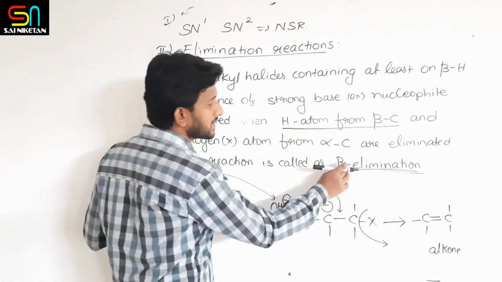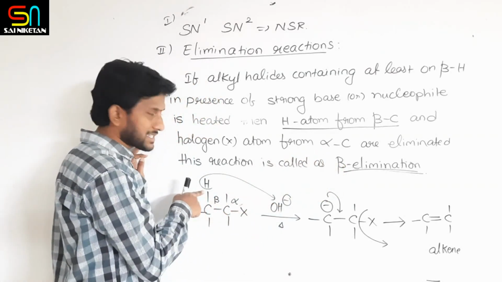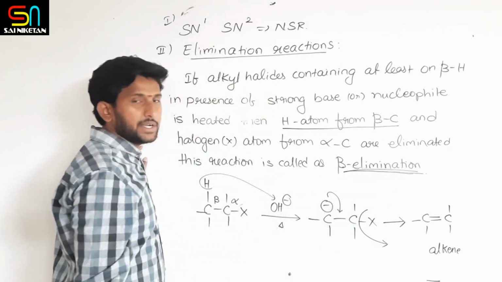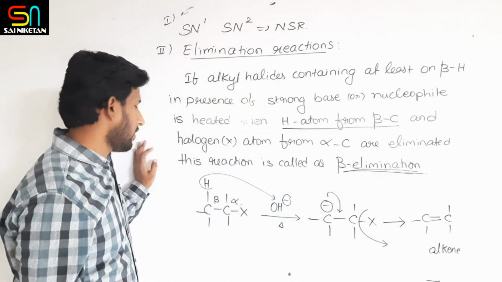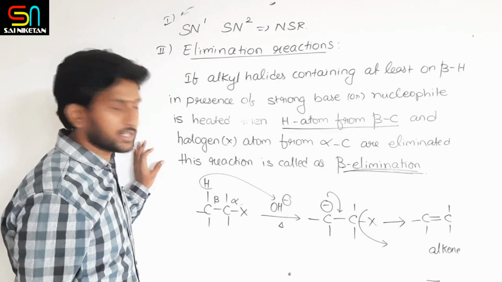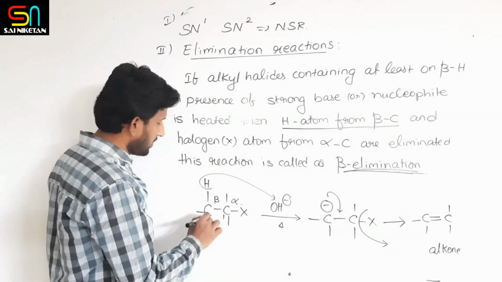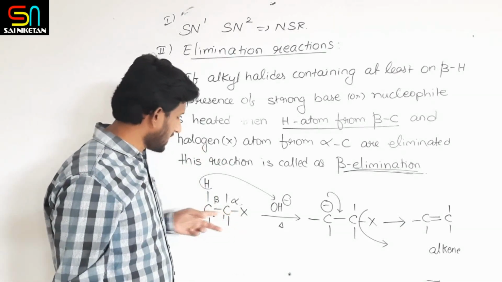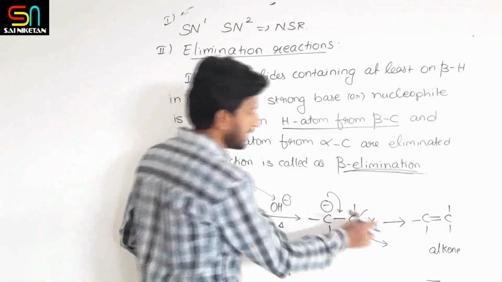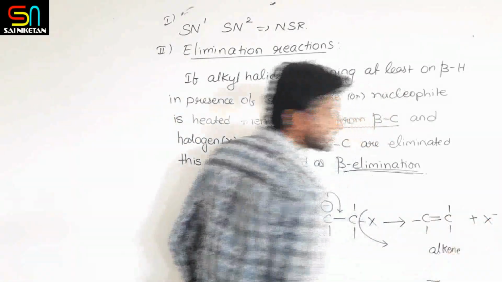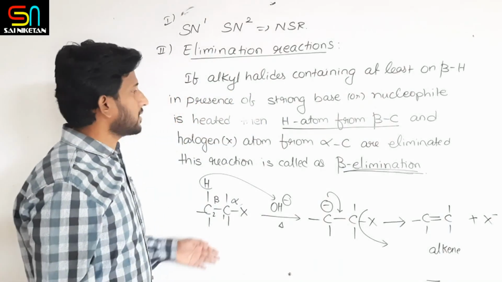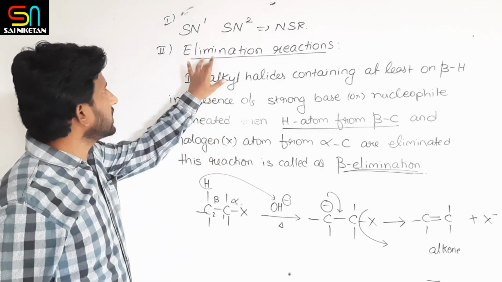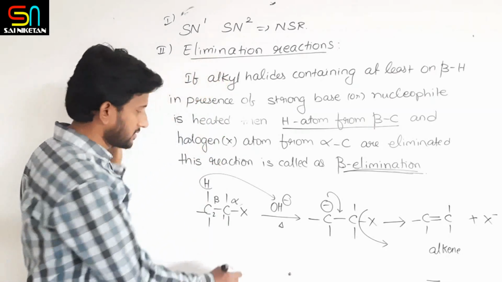Since the reaction is initiated by abstraction of proton from beta carbon, this elimination is called beta elimination reaction, or also 1,2 elimination reaction, because alpha means 1, beta means 2. So the atoms are eliminated from the first carbon and second carbon. This halogen is eliminated as X minus. So these reactions we are going to study in alkyl halides elimination reactions. Okay, we will continue.